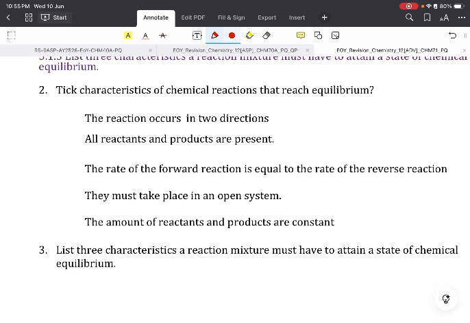Take the characteristics of chemical reactions that reach equilibrium. A reaction that reaches equilibrium must be a reversible reaction. So the reaction should occur in two directions. And to start being reversible, products and reactants must both be present.